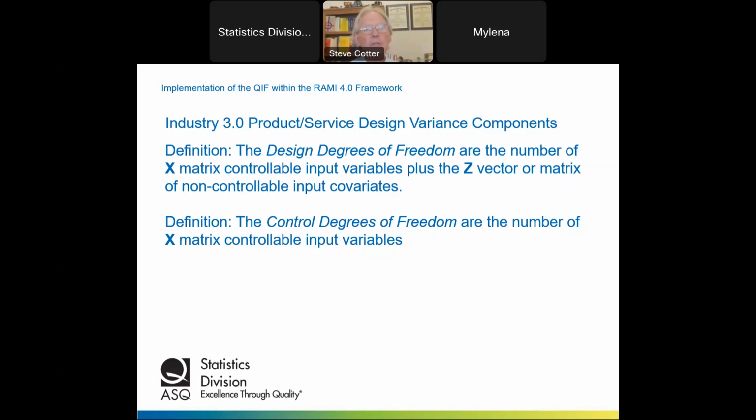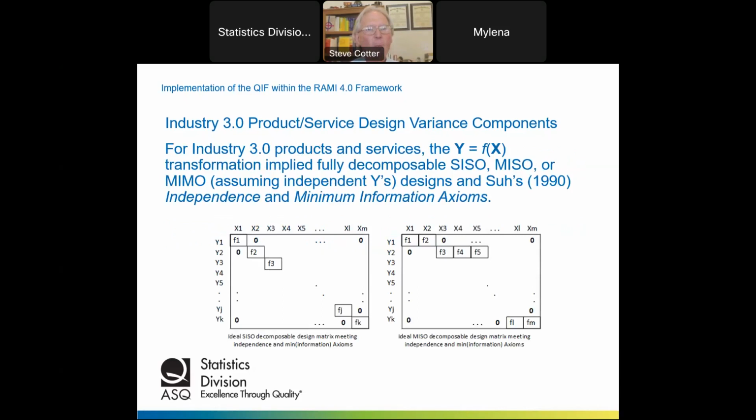The control degrees of freedom, though, are the number of X matrix controllable input variables. They're representations that are taught in axiomatic design and in Six Sigma programs. For Industry 3.0 products and services, the y equals f of x transformation is implied fully decomposable: single input, single output, multiple input, single output, or multiple input, multiple output.